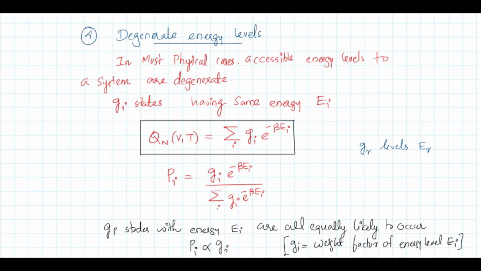That is, if there are more levels corresponding to a particular energy value, the probability of finding the system in that energy value will be high. So probability depends on two factors. One is the degeneracy of the level, and the second is the Boltzmann factor e raised to minus beta Ei. Probability is directly proportional to degeneracy, and it is also proportional to the Boltzmann factor.